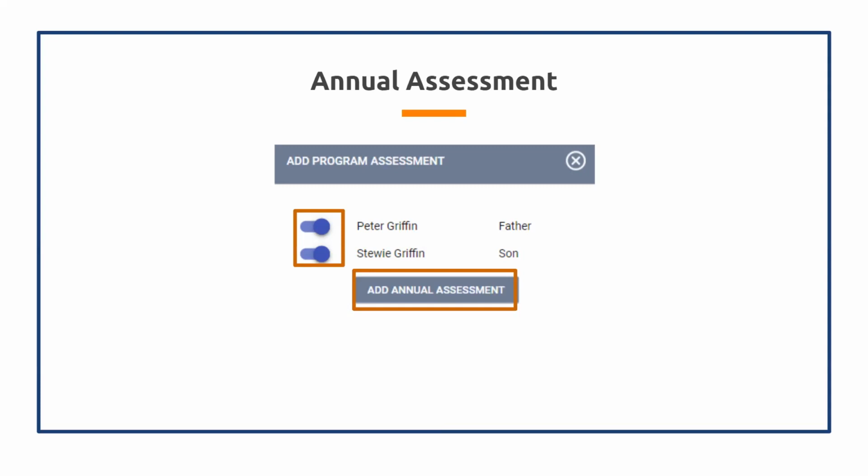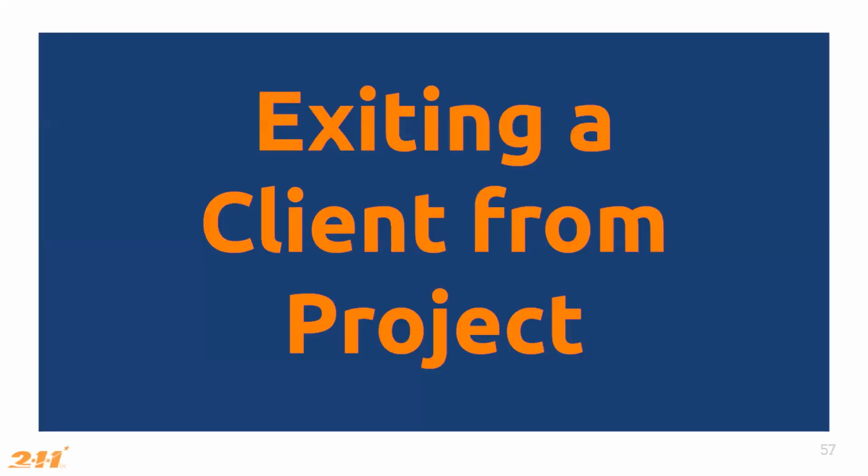But if, let's say, Stewie did not enter the project until November 2nd, 2020, he will still need to get an annual assessment by January 31st, 2021, because that is when the head of household is getting theirs.